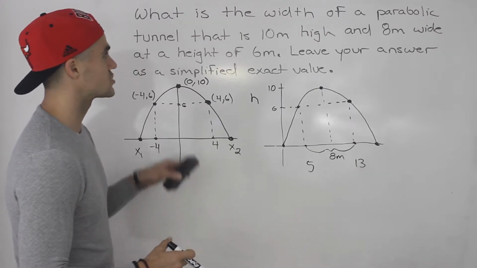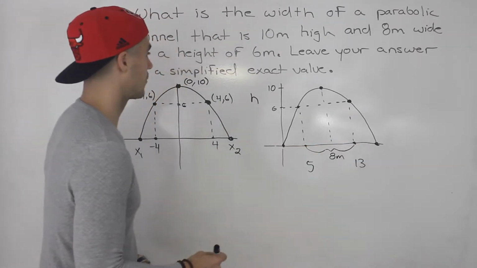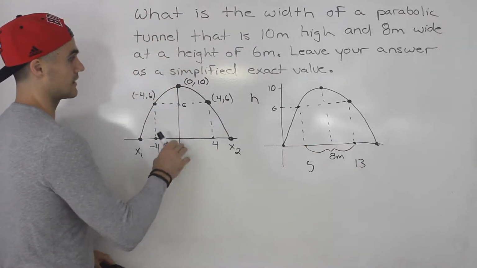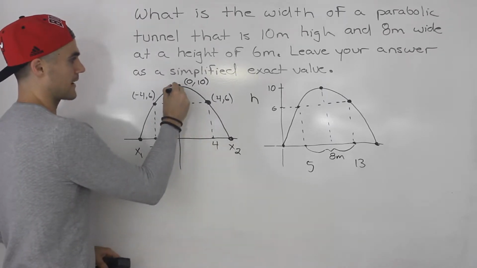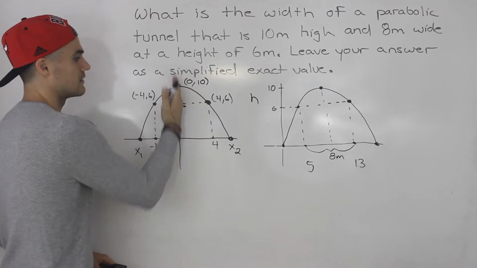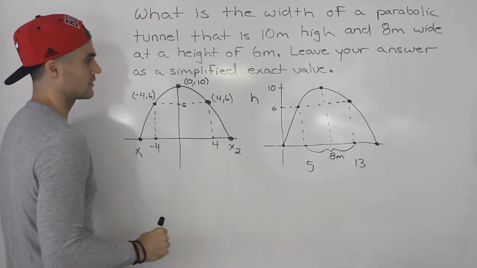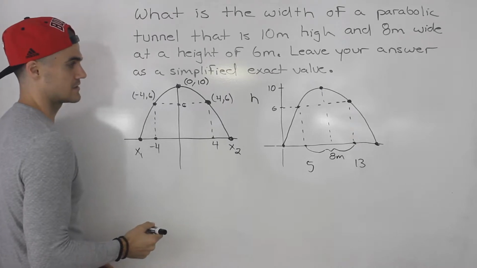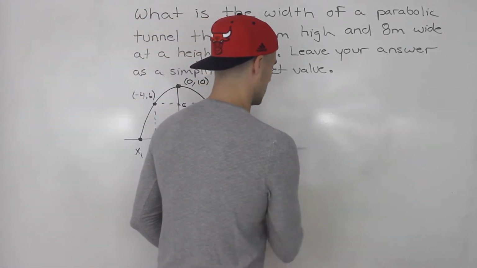But in this case, we're solving for the width. We're not given the width, but we're given the max height and some other information. So I would then recommend putting the max point on the axis, because then you can actually label that max point as a coordinate. In this case, it's 0 and 10. Right? So hopefully that made sense.